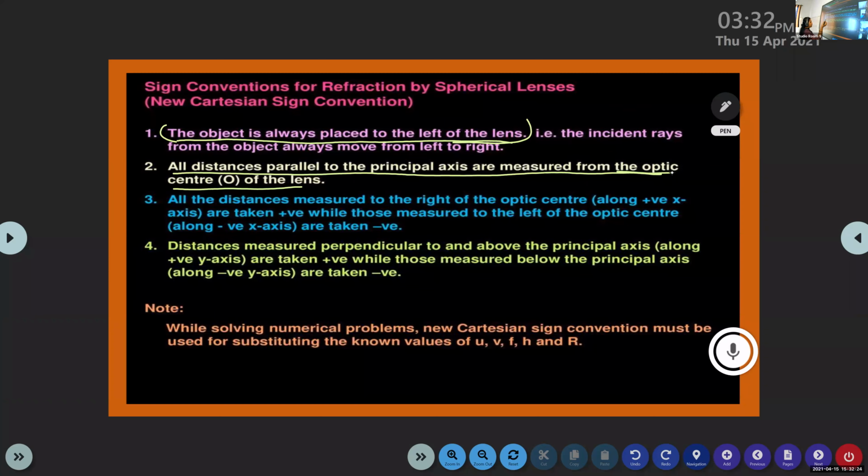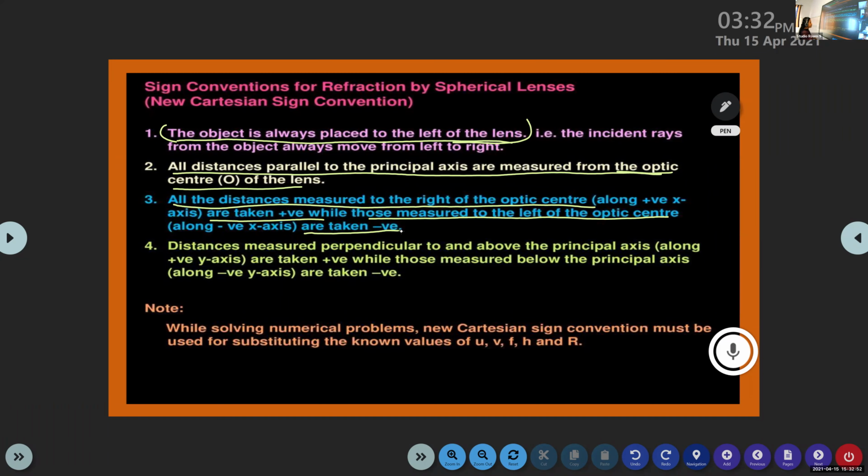Then the third and fourth rules are exactly the same. All the distance measured to the right of the optic center is taken positive. All the distance measured to the left of the optic center is taken negative.